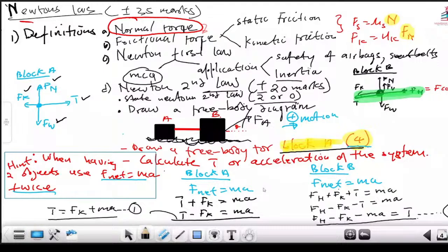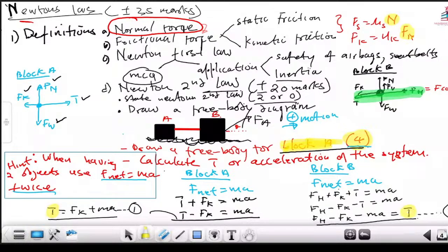So for one to be able to do that, it's easy to say, let me isolate A and focus only on A. Let me isolate B and focus only on B. Then it makes it easy to look for that one common factor. And that one common factor in this instance is going to be the tension.